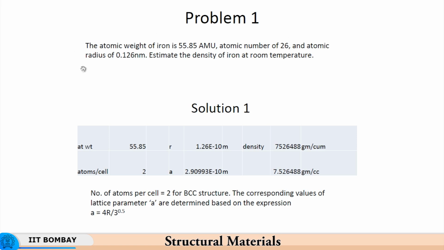So let's look at the first problem. We have the problem on iron, which has an atomic weight of 55.85 atomic mass units, and it has an atomic number of 26, which means that it has got 26 protons, and it has got an atomic radius of 0.126 nanometers. Estimate the density of iron at room temperature.